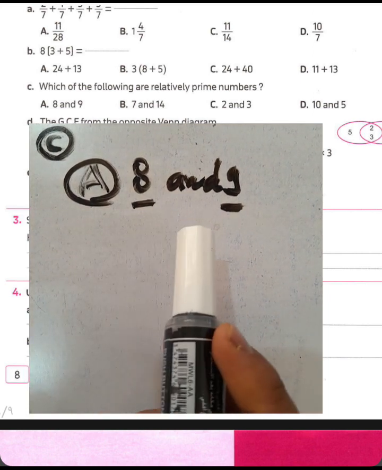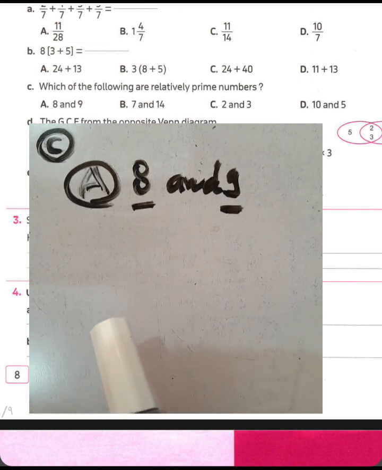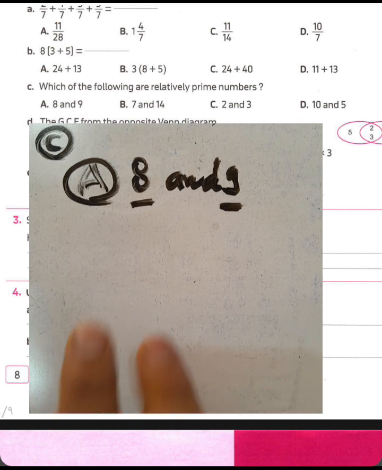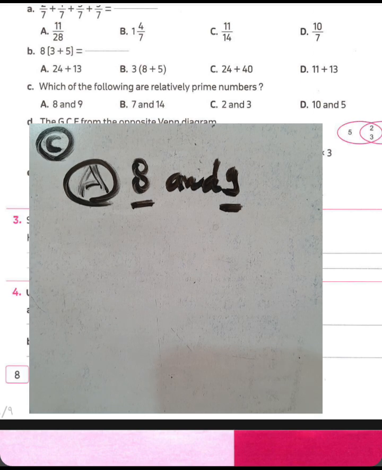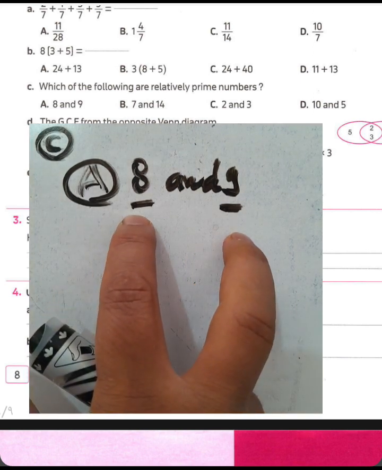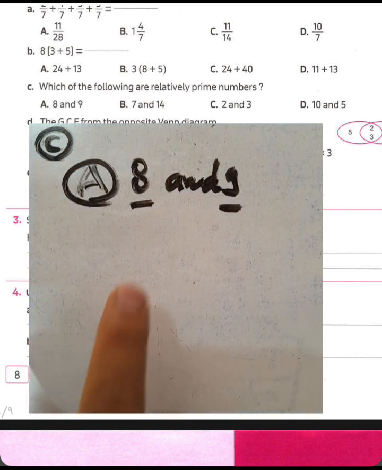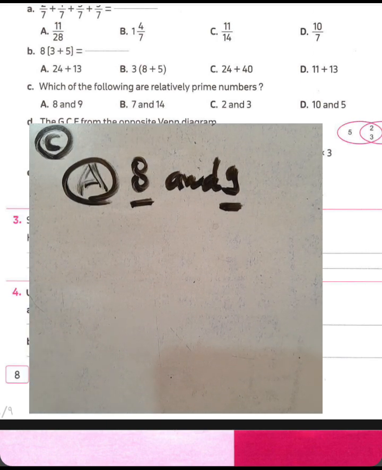Don't you choose 2 and 3? Why? Because 2 and 3 are prime numbers. He asked which of the following are relatively prime numbers. Relatively prime numbers means two numbers can be divided by only 1, but the two numbers here are not prime numbers. 8 and 9 are not prime numbers, but 8 and 9 can be divided by 1 only.